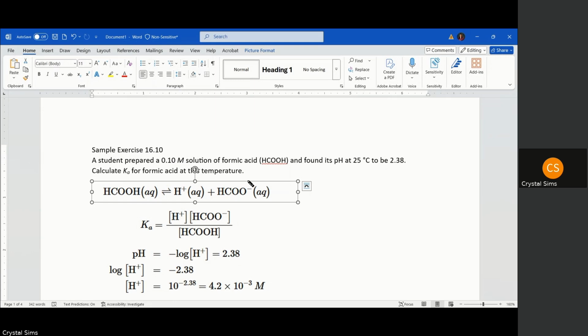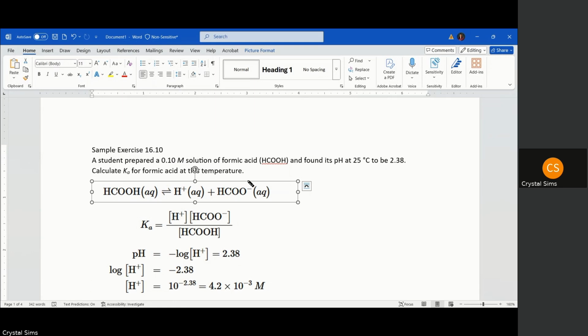So in order to calculate Ka, we're going to have the concentration of the hydrogen ions, the concentration of the formate ions, and then the concentration of the formic acid.